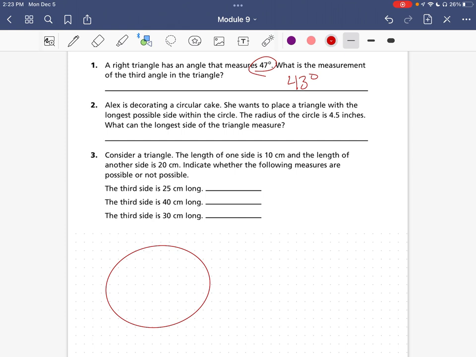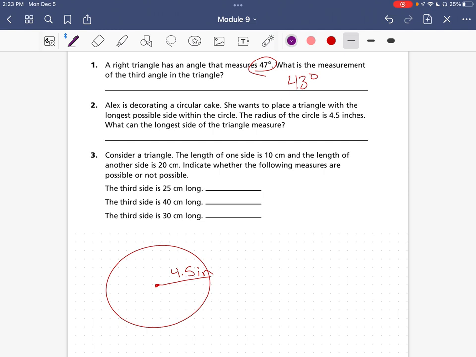All right, so we have a circular cake. She wants to place a triangle inside, and the radius is 4.5 inches. What is the longest side of the triangle? So draw that on your paper, kind of play with that. Where is our longest side going to be?